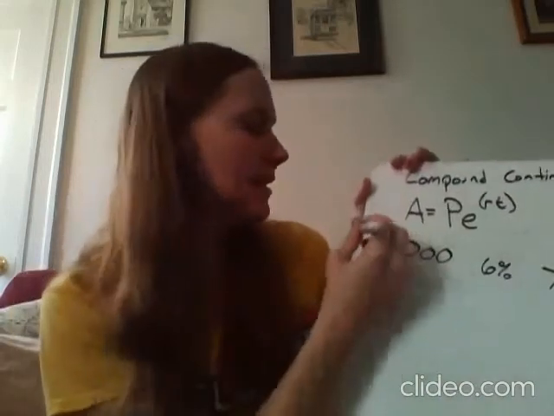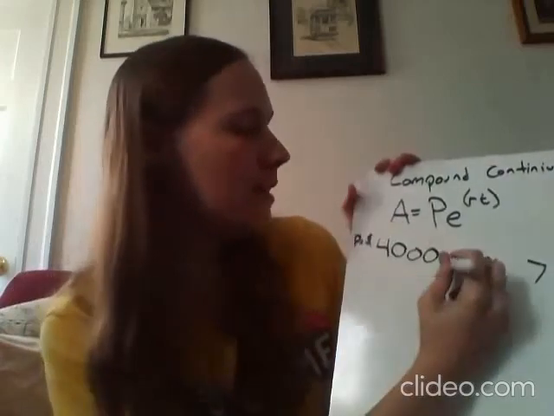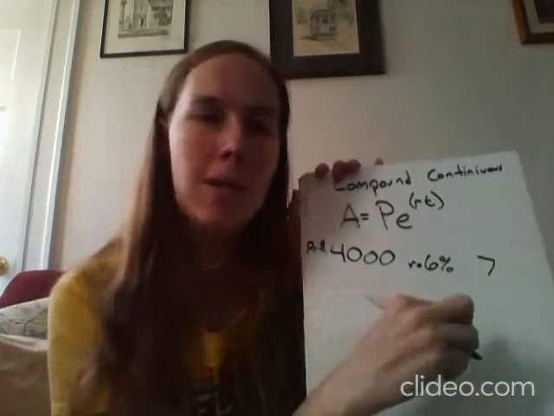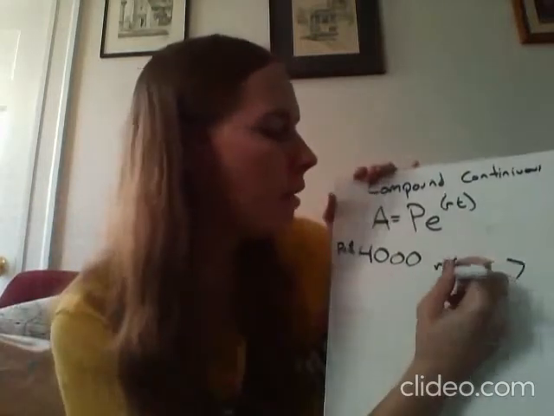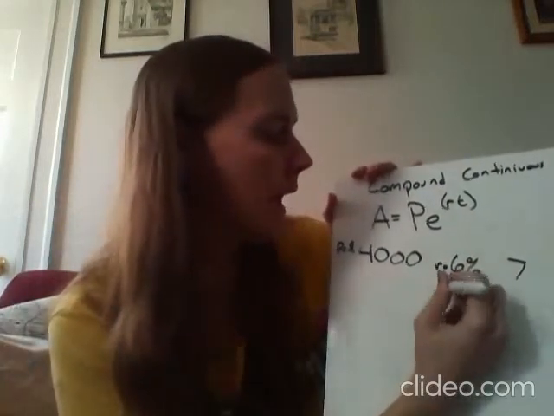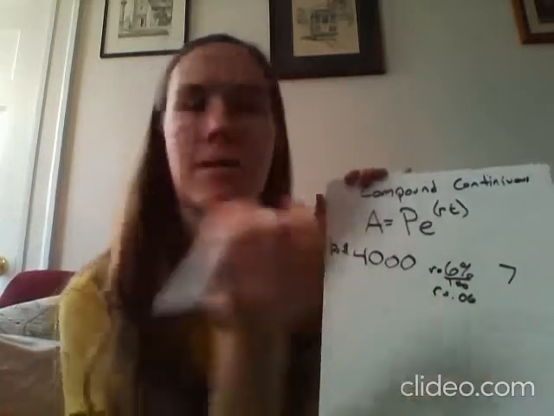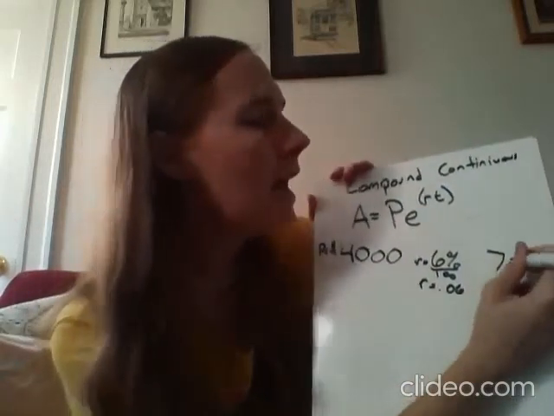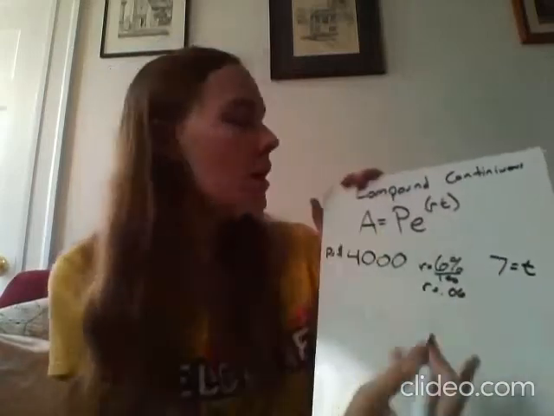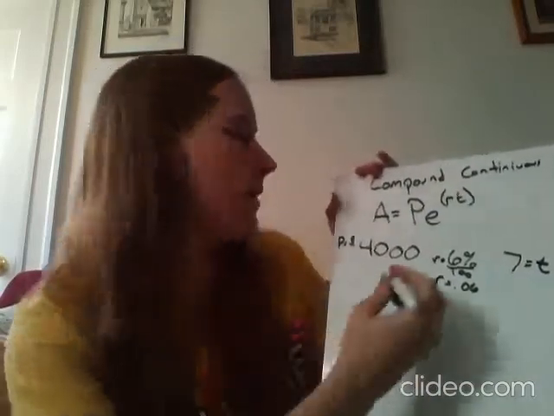Everything's the same. This is my P, this is my R, but wait, we can't have it as a percent. What do we have to do? Divide it by 100. And it would be 0.06 because we have to have it as a decimal. Then our time is 7. Now we just plug it into our formula.